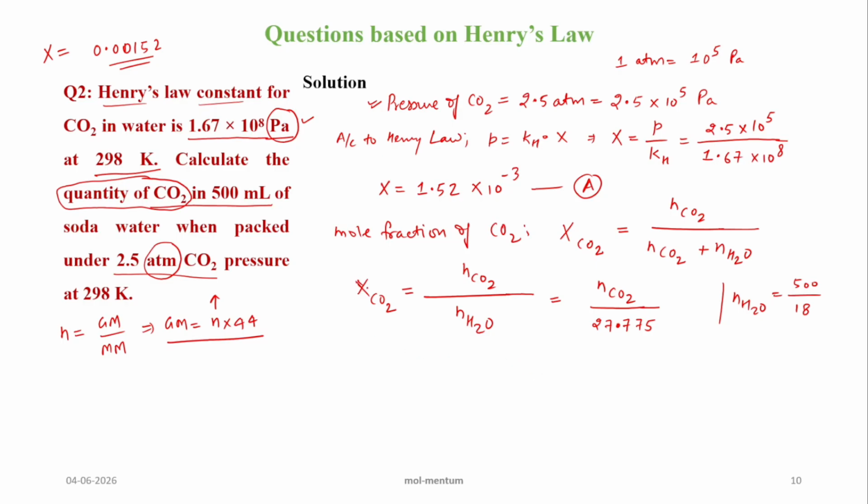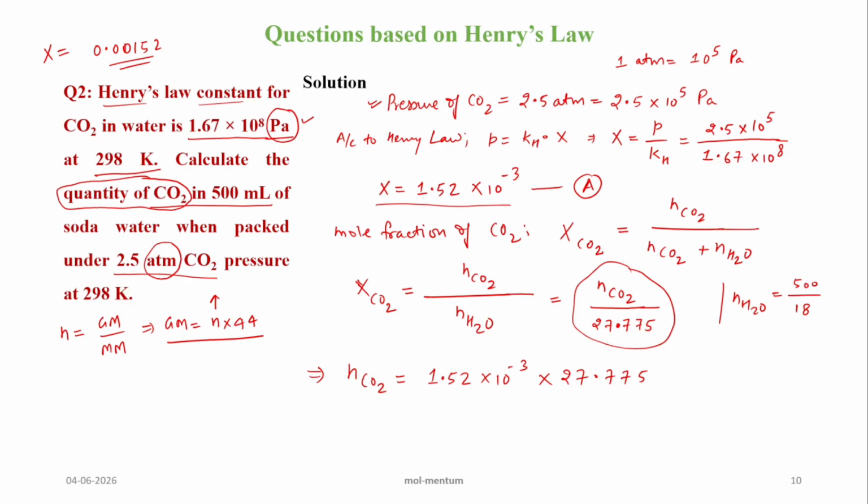Mole fraction of CO2, we have already calculated this value. So when I write this equation again, number of moles of CO2 is equal to mole fraction of CO2 into 27.775. What is the mole fraction of CO2? 1.52 into 10 to the power minus 3 into this value 27.775.